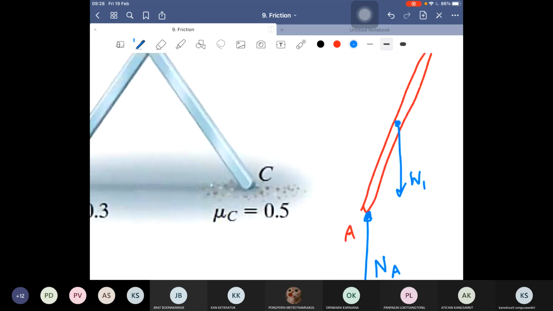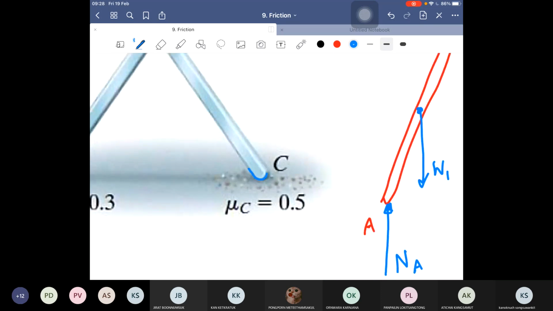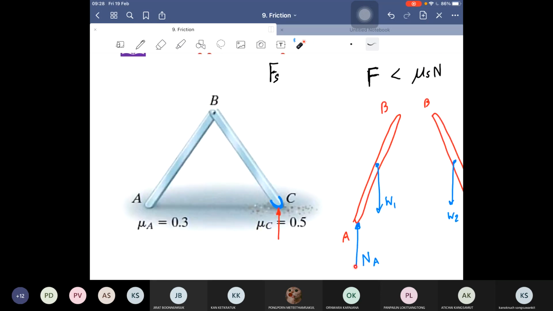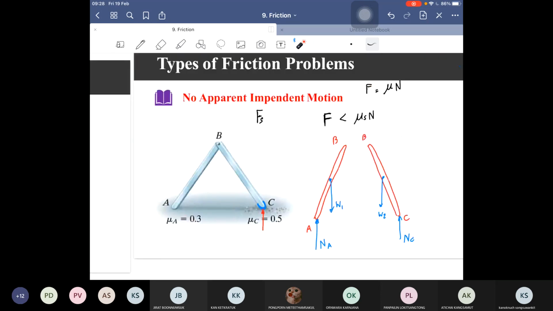We can use the support reaction method. The tip of this bar is a small contact area. Therefore, the normal force will act in the direction perpendicular to the contacting surface, so it just acts upward like this, NA and NC.